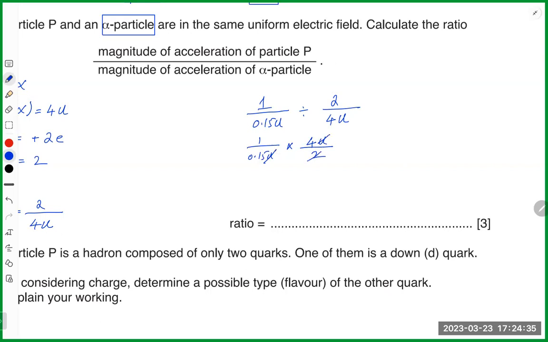U cancels with U, and 2 into 2. So we have 2 over 0.15, or 200 over 15, or 40/3, or 13.3. You can confirm with the calculator.